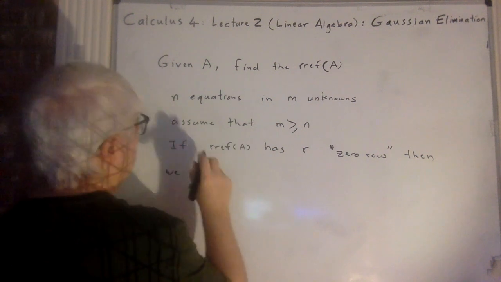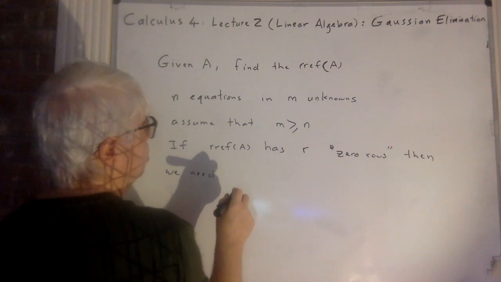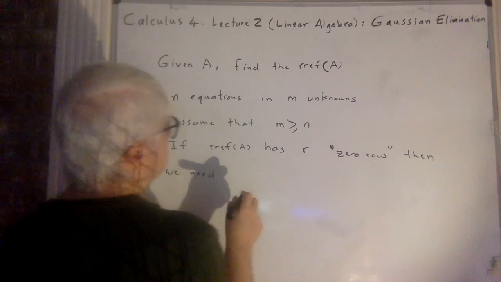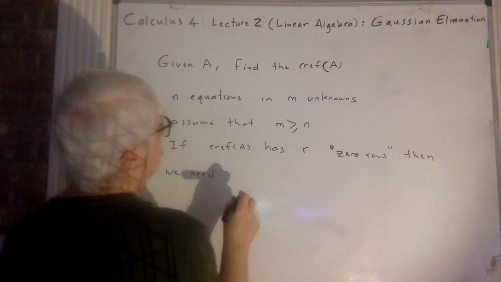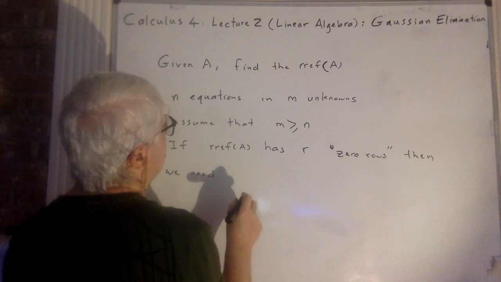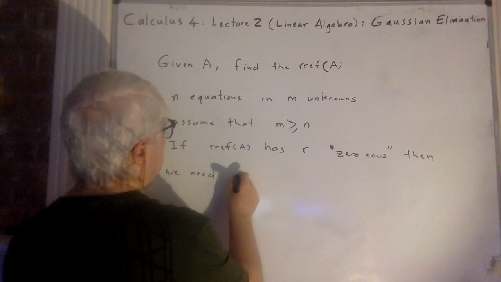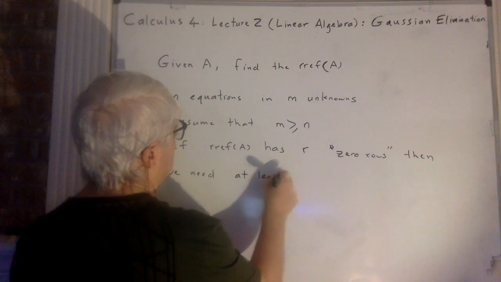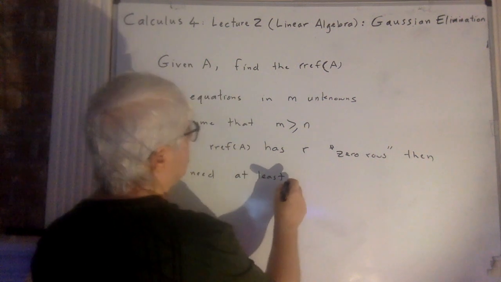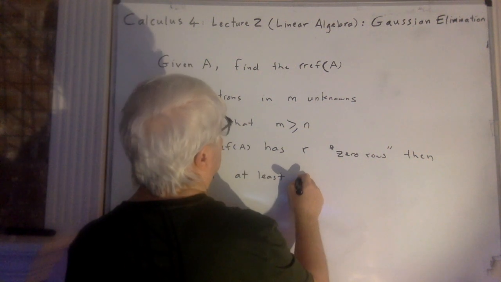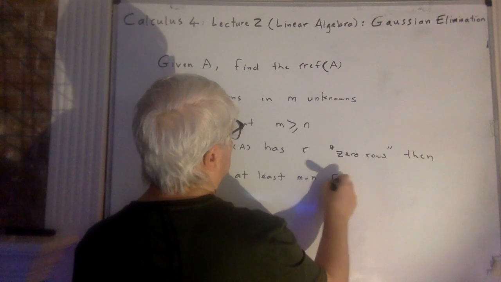Well, let me see. If we have r zero rows and we have m, we need at least m minus n free variables.